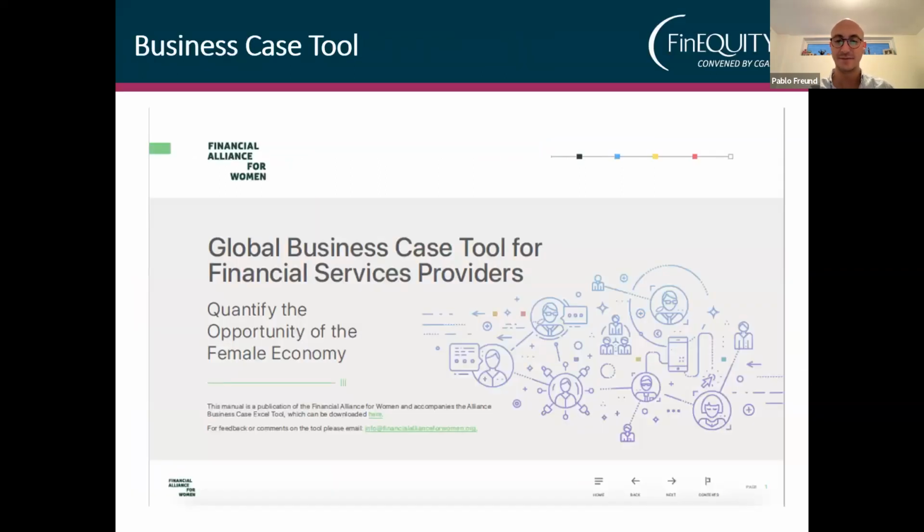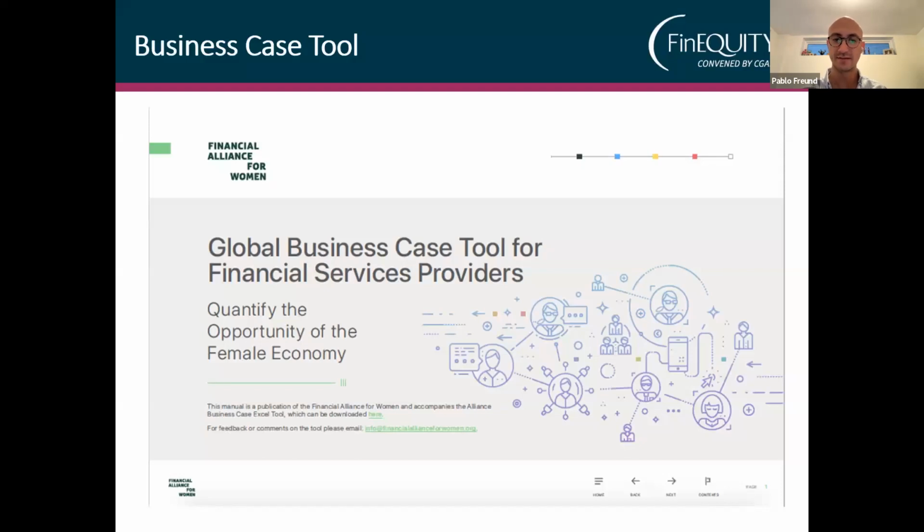Based on all of the prior work that has been developed, one of the key data inputs that is necessary when building the business case is actionable market data.